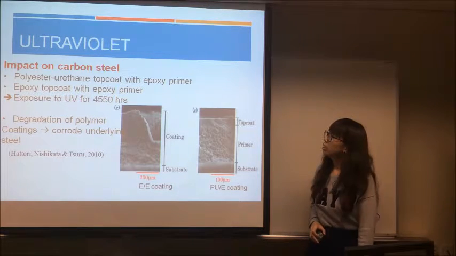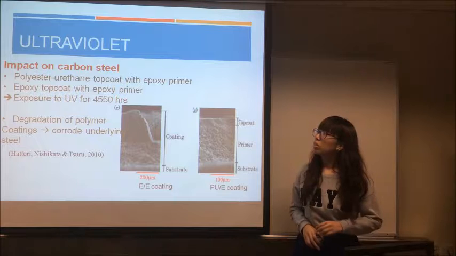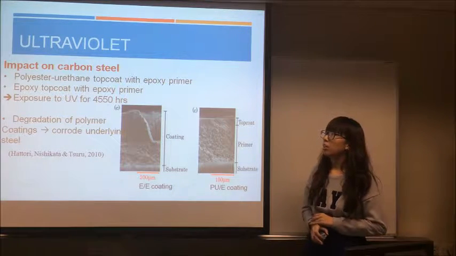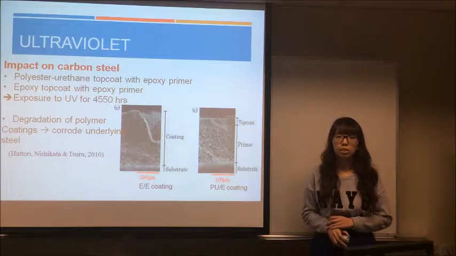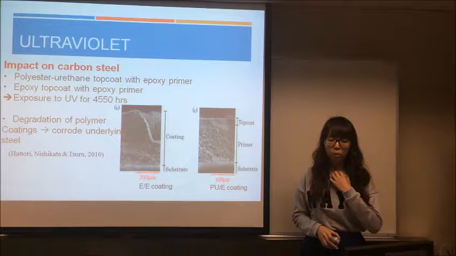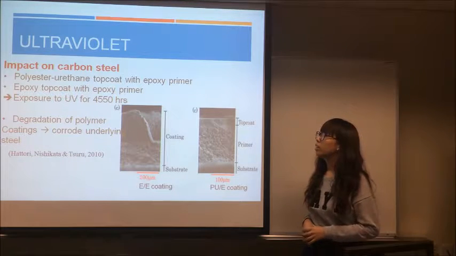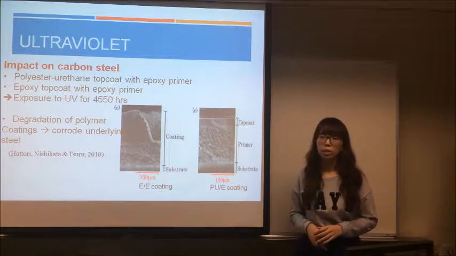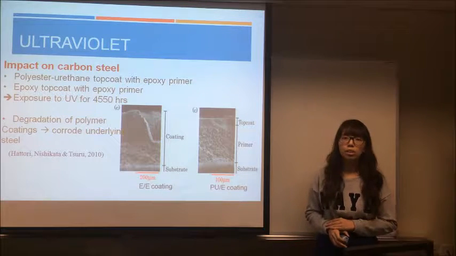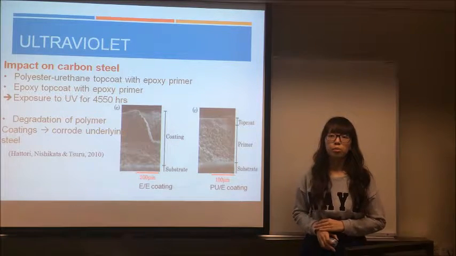And this comes to the impact of ultraviolet light on carbon steel. The polyester urethane top coat with epoxy primer and the epoxy top coat with epoxy primer are often used in the construction field, such as for beaches and buildings.